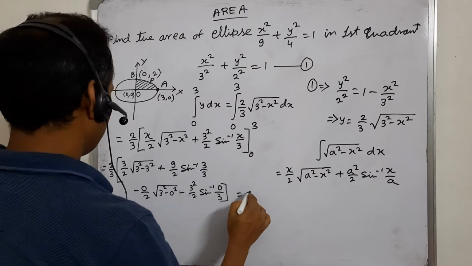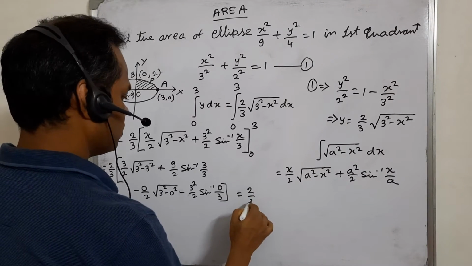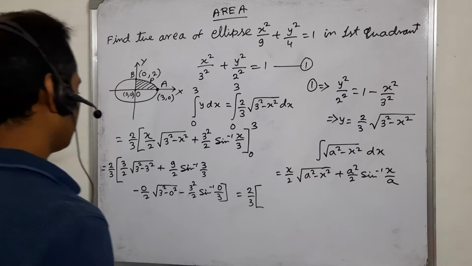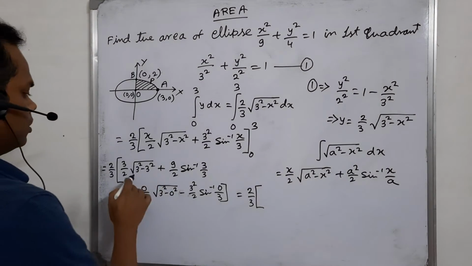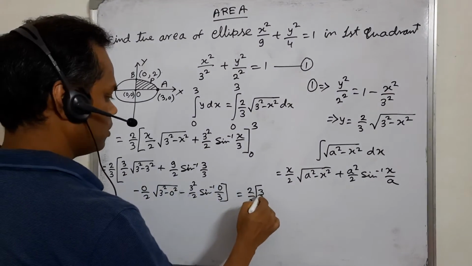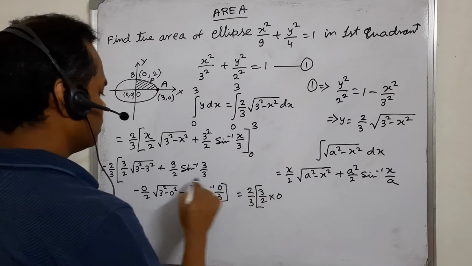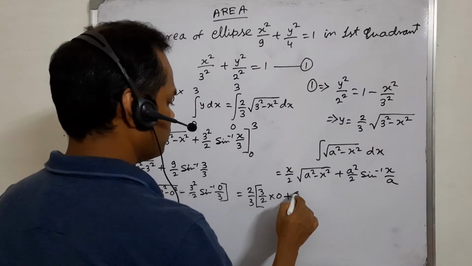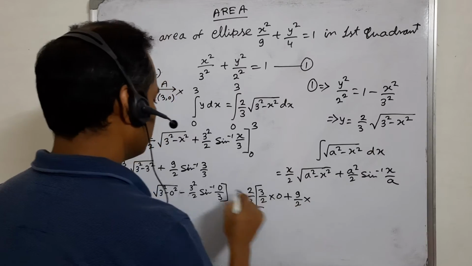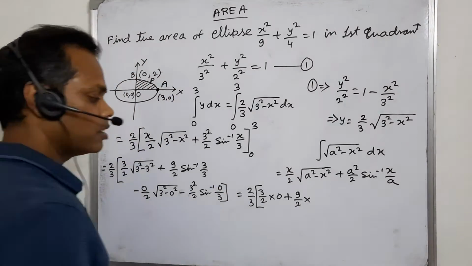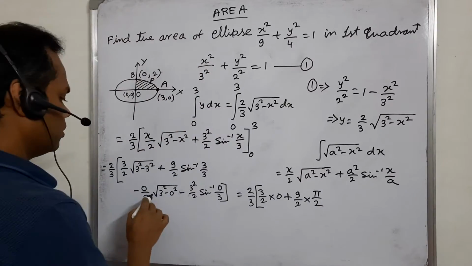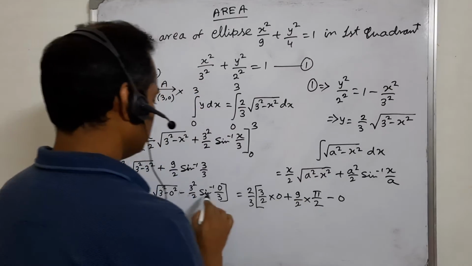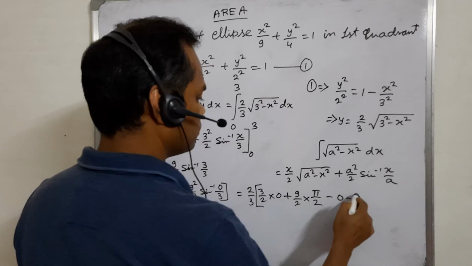So this one becomes 2 by 3 into 3 by 2, 3 square minus 3 square is 0, so this one is 0, 3 by 2 into 0, this one is 9 by 2 into sine inverse 1, and sine inverse 1 is pi by 2, and this one is 0, this one is also 0.